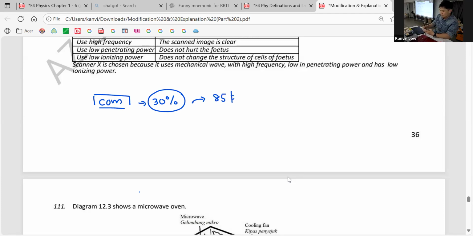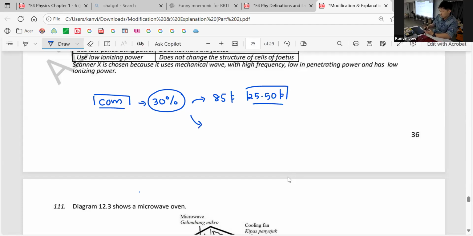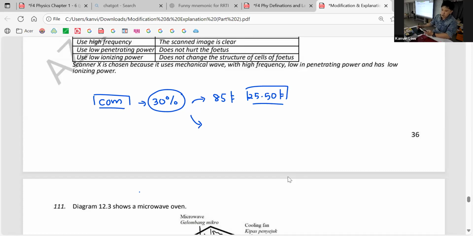If you times 30%, you will be getting 25 ringgit and 50 cents if that student takes only one subject. But if that student is taking about 5 subjects, so 5 subjects is about 325 ringgit. If you times 30%, ladies and gentlemen, it will be about 97 ringgit and 50 cents.